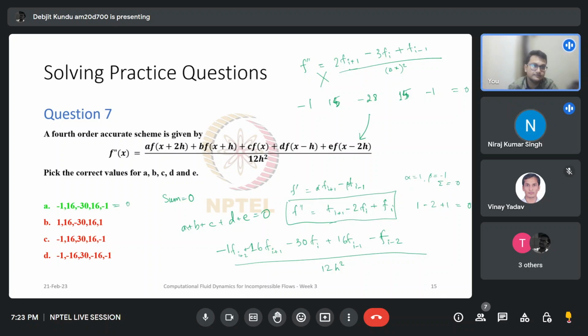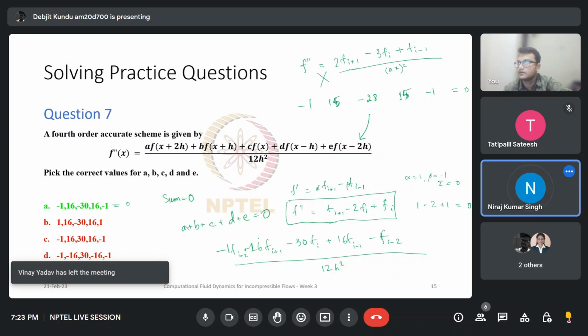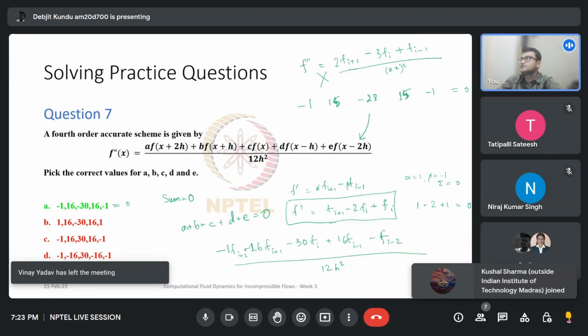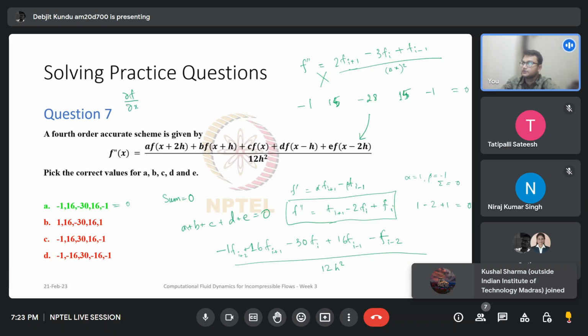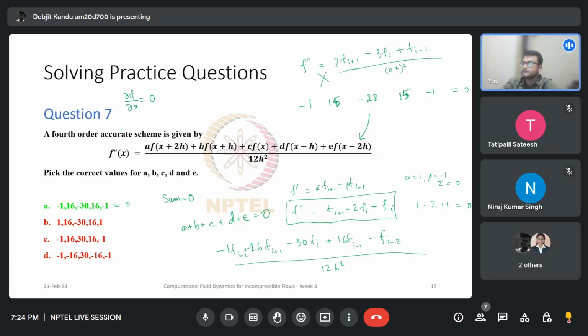Sir, I didn't understand why these solutions are not valid if their sums are equal to zero. Why are you rejecting these terms straightforwardly? Okay. So let's say I have something like this: dou f by dou x equal to 0. This is the PDE which I am starting from.